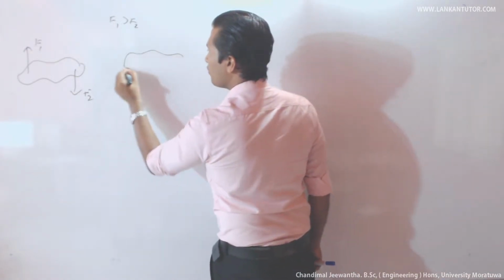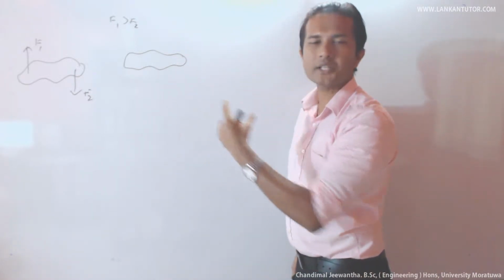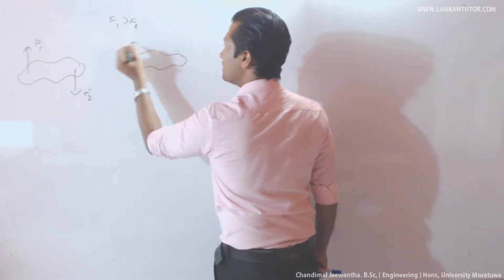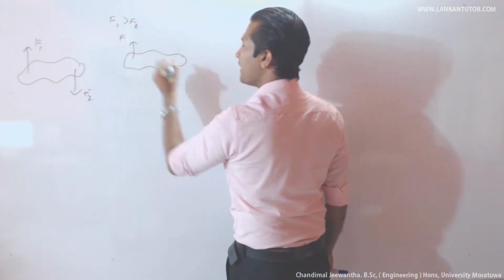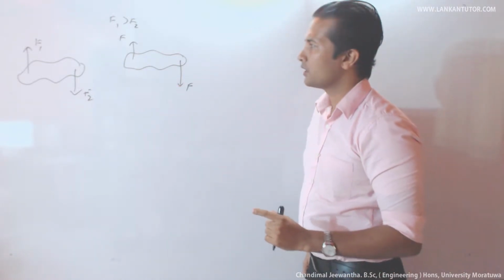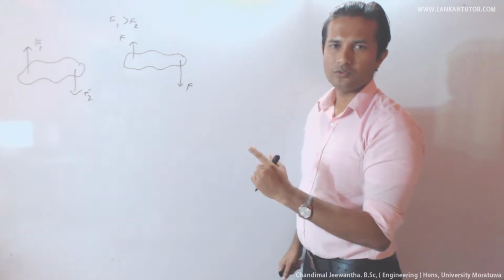Okay, so what would be the adjustment in order to get the resultant as 0? The adjustment should be that F1 and F2 should be equal to each other. What happens? The resultant gets 0.